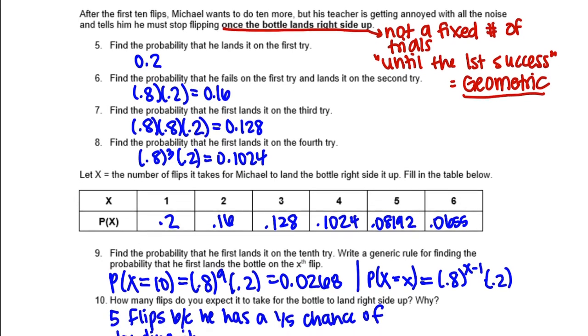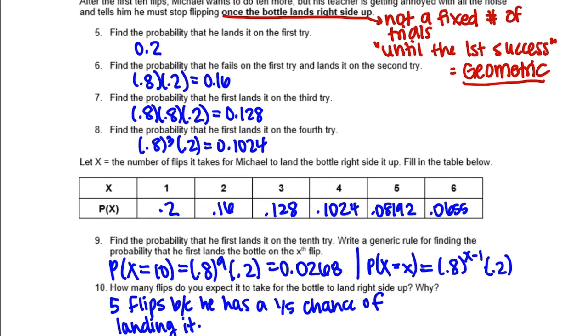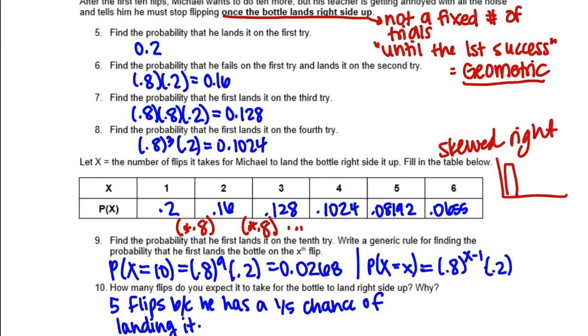And you can see in this chart how as you go across, x equals 1, 2, 3, 4, 5, 6, we're multiplying by 0.8 every time, etc. And so that means that it will always be skewed to the right when we do a histogram. So it's always going to start as tall as it gets and then go to the right if we were to draw that out. That's the shape.